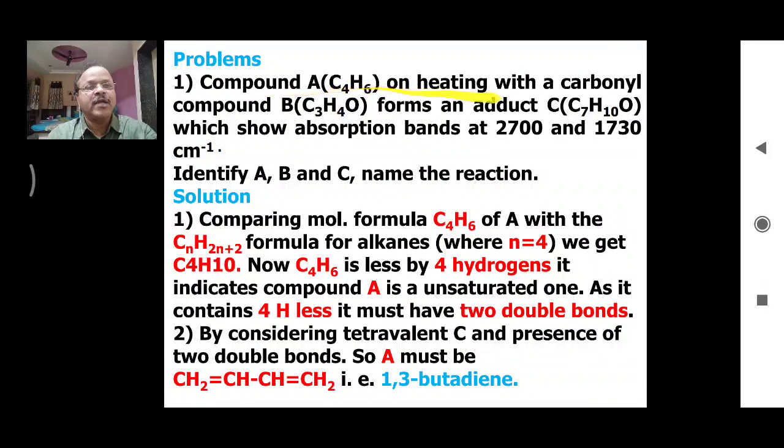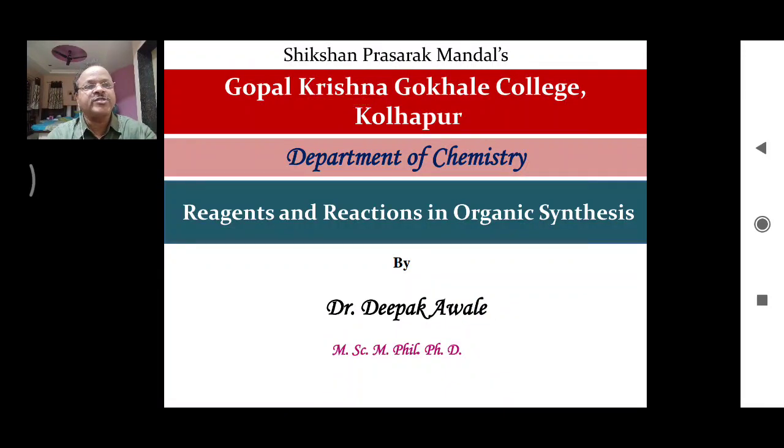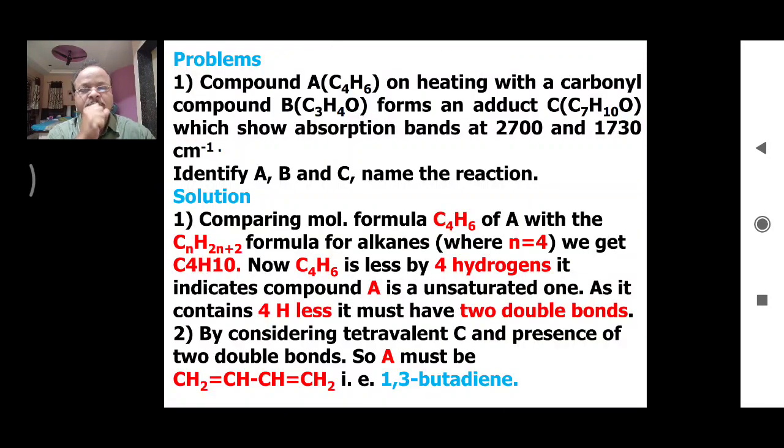Compound A having molecular formula C4H6, on heating with carbonyl compound B, whose molecular formula is C3H4O, forms an adduct C having molecular formula C7H10O.